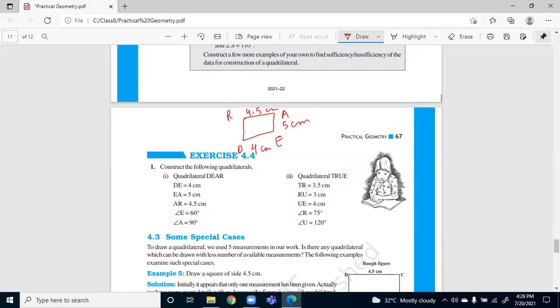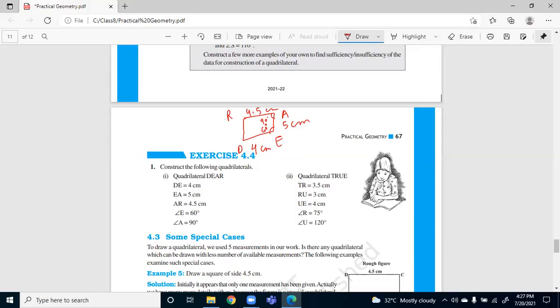Length of three sides are given. Angle E is 60 degree and angle A is 90 degree. So these two things are given. So see how to do this question. Firstly, whatever is given in the question, I have to mention it on the rough diagram, as we used to do in the previous exercise also.